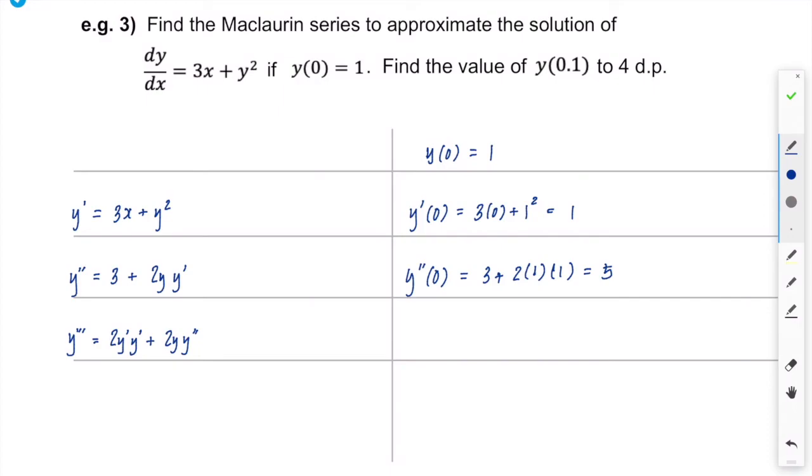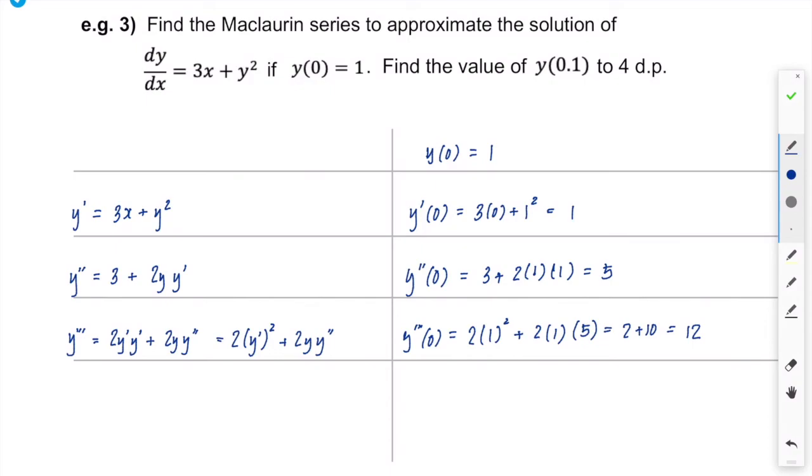This is 2y prime squared plus 2y y double prime. Evaluating at 0, I have 2 times y prime, which is 1, squared, plus 2 times y, which is 1, times y double prime, which is 5. So I have 2 plus 10, which is 12.